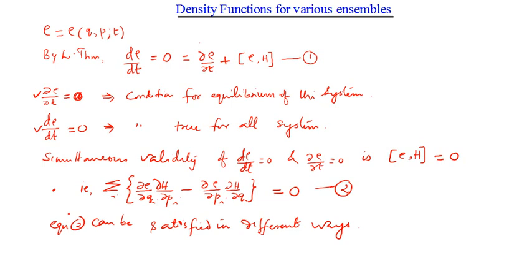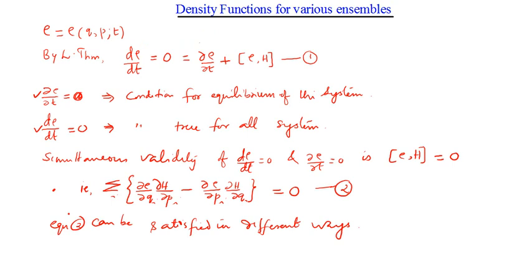Let's discuss one by one. The first case is when rho is independent of the coordinates q and p, correct? Then certainly the Poisson bracket of rho with h will be equal to 0.